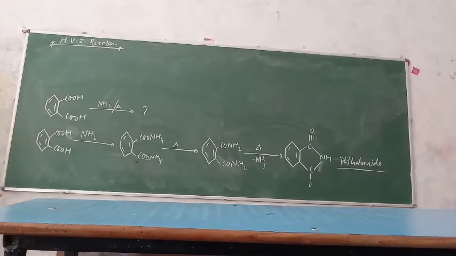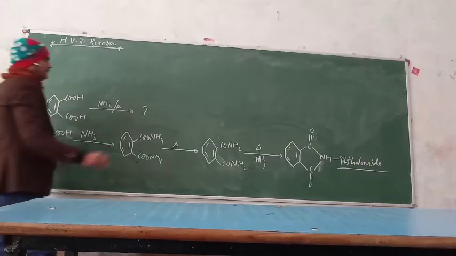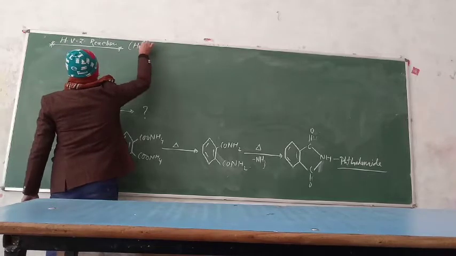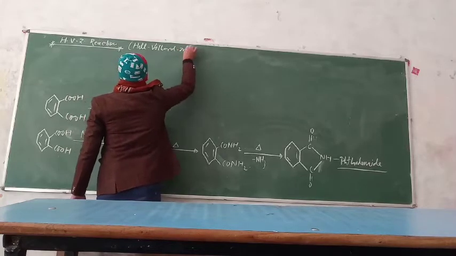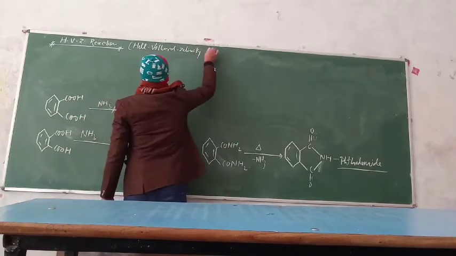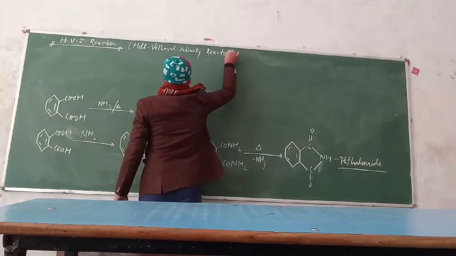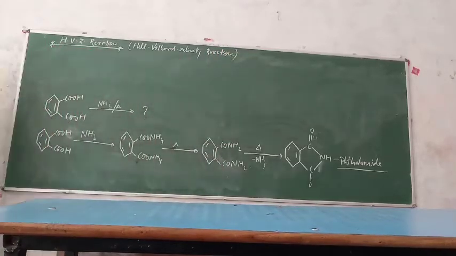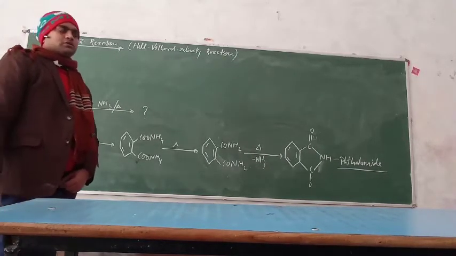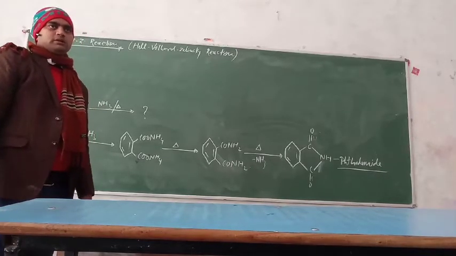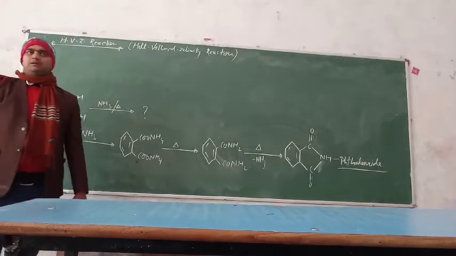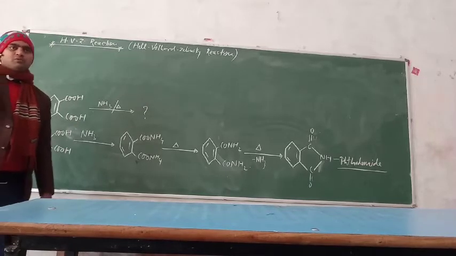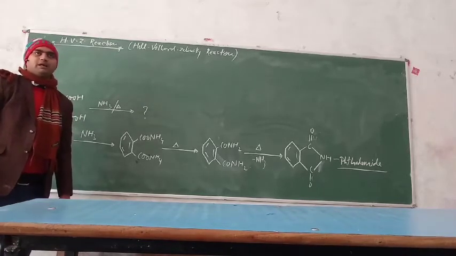The full form is Hell-Volhard-Zelinsky reaction. In this reaction, the corresponding carboxylic acid is treated with the halogen, such as chlorine, in the presence of red phosphorus. Then the alpha hydrogen of the carboxylic acid is removed one by one when treated with the halogen.